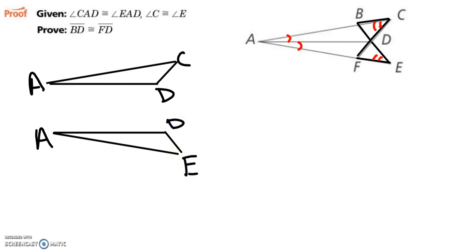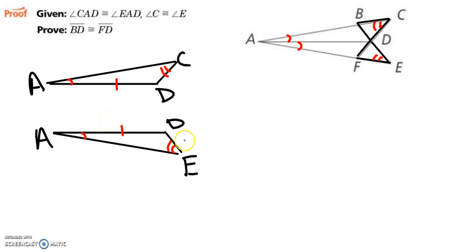Okay, we already marked that these angles were congruent to each other, and we marked these angles were congruent to each other. So I also know that AD is congruent to AD. There's a common side. So I know that these triangles are congruent to each other.